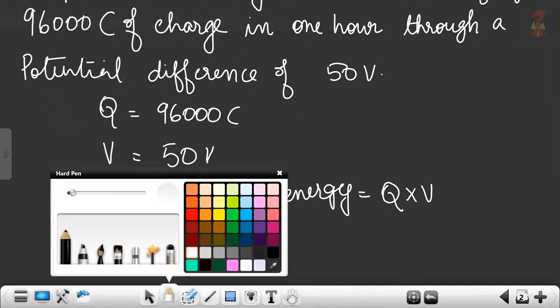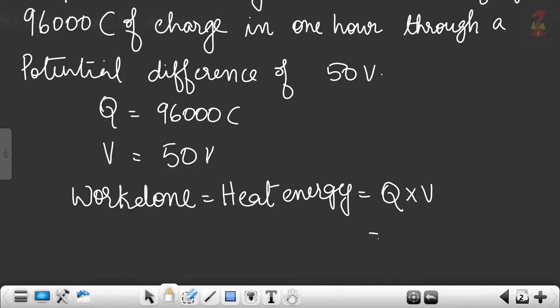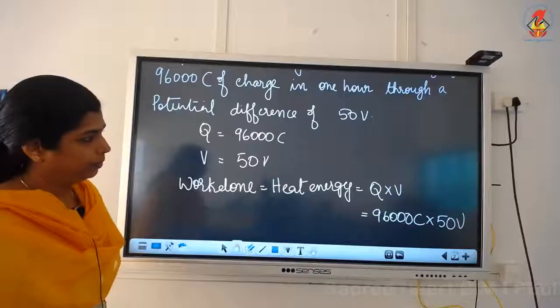Now you can substitute in this equation. So Q, how much? 96000 coulomb into potential difference of 50 volt. So when you do the calculation, you will get the answer. Okay.